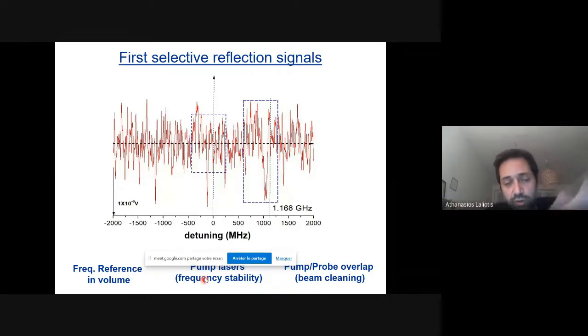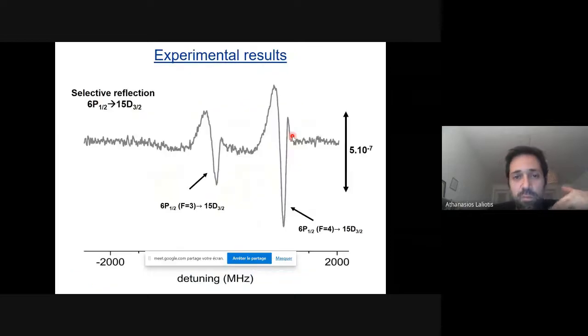When we do all of these things, when we work on the experiment and improve our techniques, we pass from a signal that looks like this to a signal that looks like this. And this is a signal that we can actually use. It looks very, very beautiful. This would be the F3 component, and this would be the F4 component.